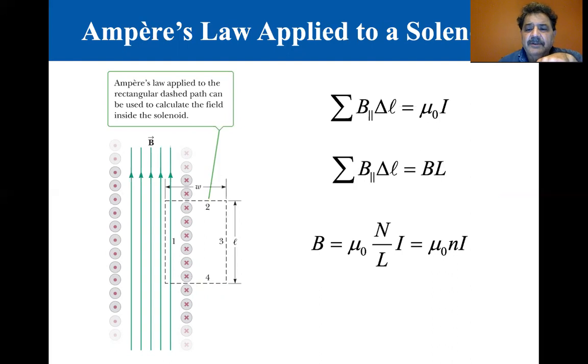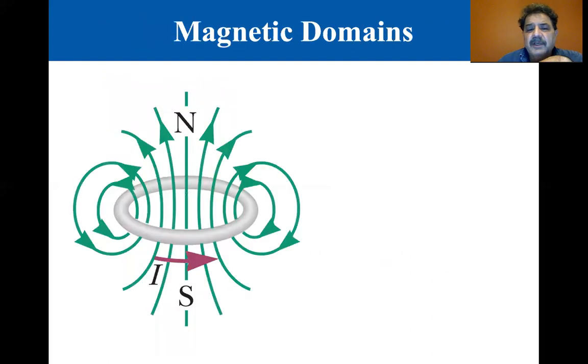And so B is equal to mu 0 times N over L times I, where N over L is the turns per unit length, and that's equal to mu 0 n I, with little n being the number of turns per unit length.